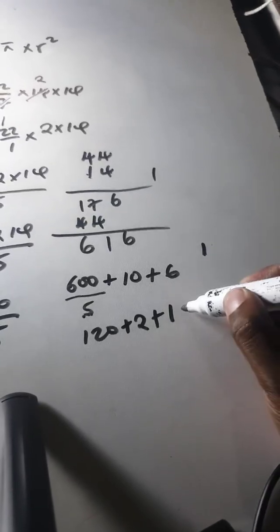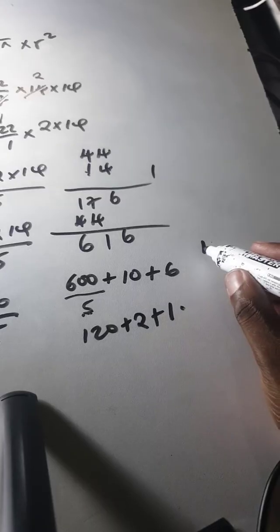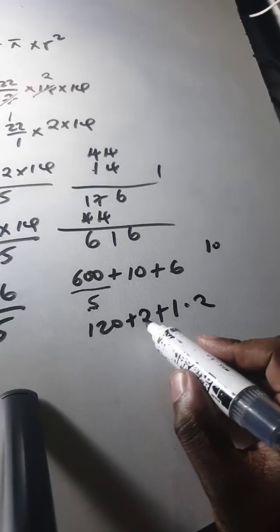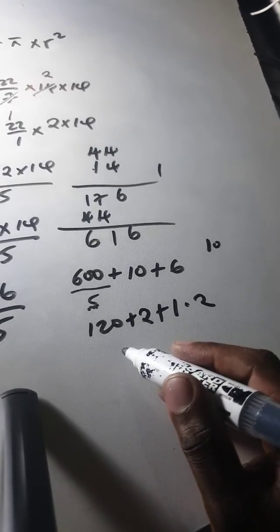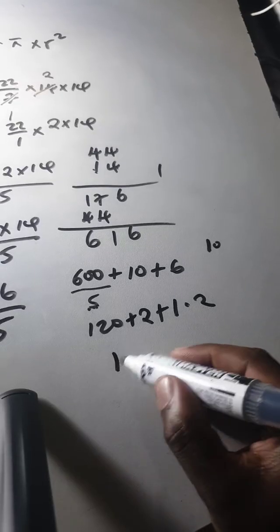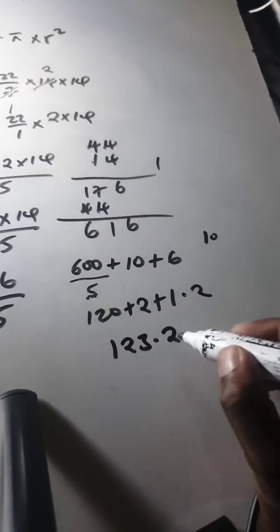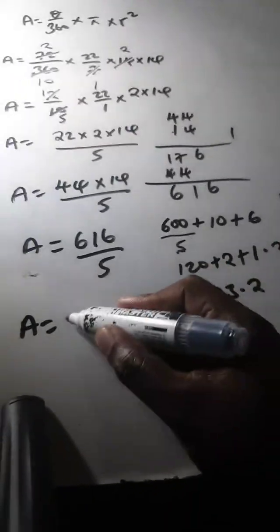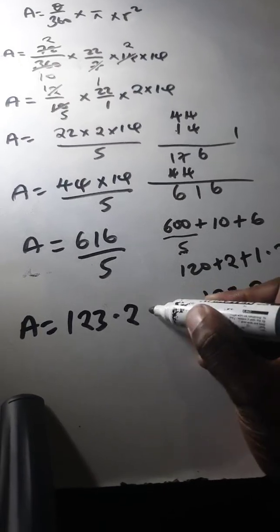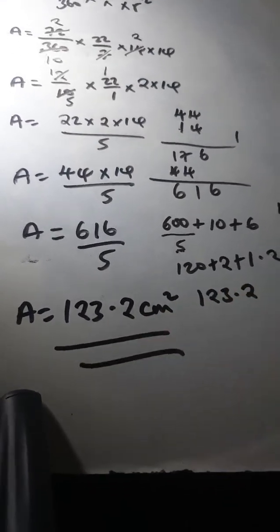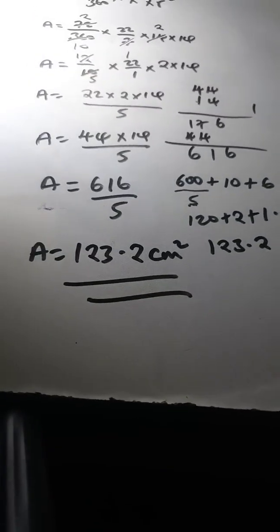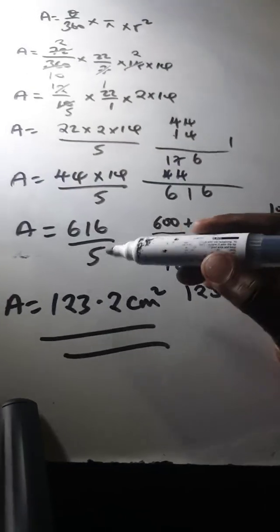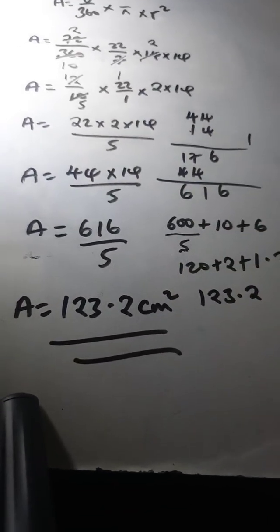So we're going to have 120 plus 2 plus 1, which is 3. So we have 123.2. All right, that's our area. So say area is equal to 123.2 square centimeters. Like that. So all this was just for us to know 5 into 616.